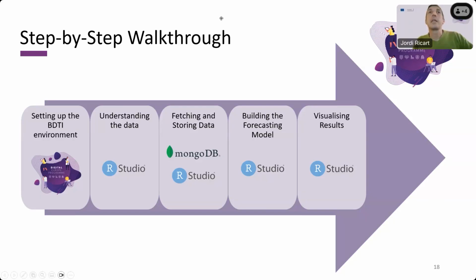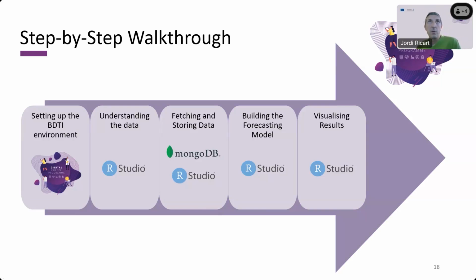Excellent. Thank you, Berta. So let's summarize back what we've just seen in this demo. This is the step-by-step that we did. We set up the environment in BDTI. We went through understanding the data that we had from the API.